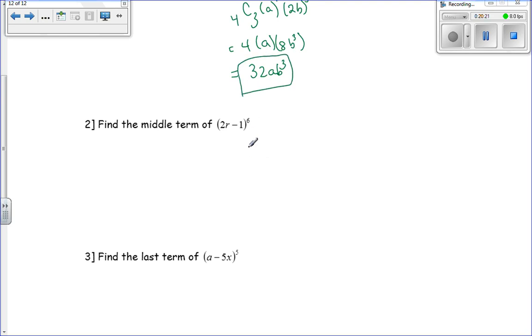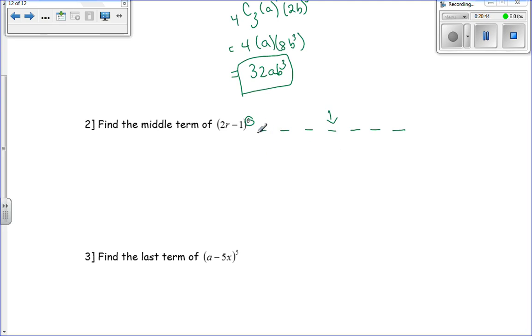Find the middle term of 2r minus 1 to the 6th power. Okay, if I have a 6th power, I'm going to have 7 terms. So 1, 2, 3, 4, 5, 6, 7. And my middle term is 1, 2, 3, 4. That term there is what I'm looking for.